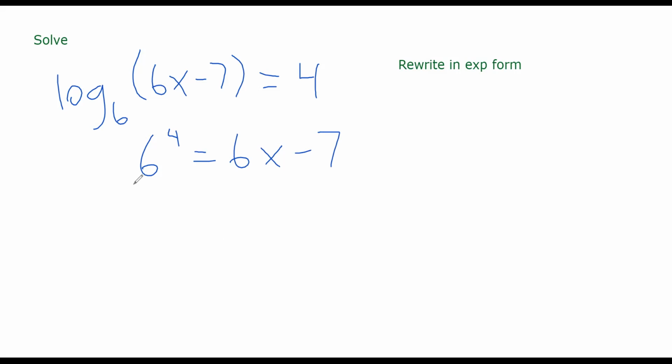It's just going to be a number, and then it's just a simple linear equation to solve. Okay, so 6 to the 4th, you have your calculators. You can use those calculators. 6 to the 4th is going to be 1296 equals 6x minus 7.